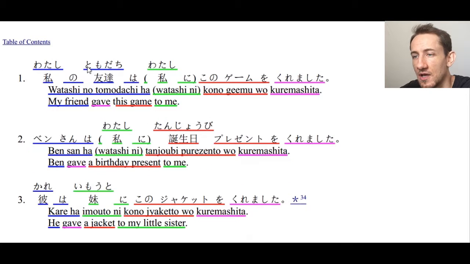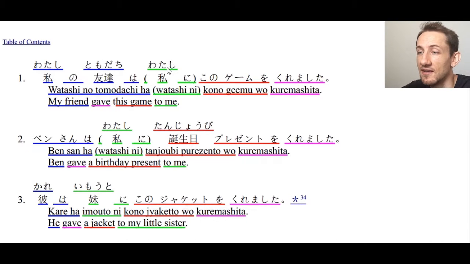So here we have number 1. 私の友達は私にこのゲームをくれました。Please notice that because I am the recipient of the action, we can leave out watashi ni. So we can say 私の友達はこのゲームをくれました。It's almost redundant to say 私にゲームをくれました because when we use kureru, it's someone giving something to me.